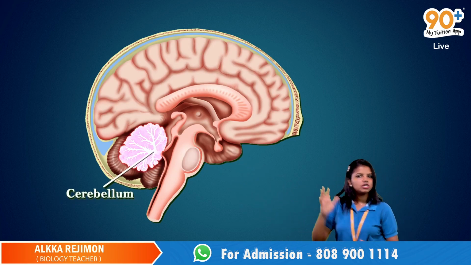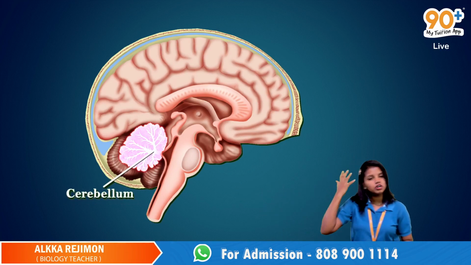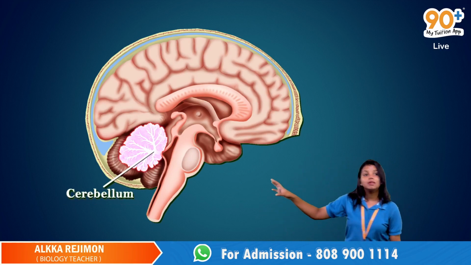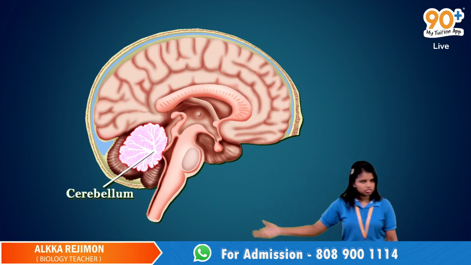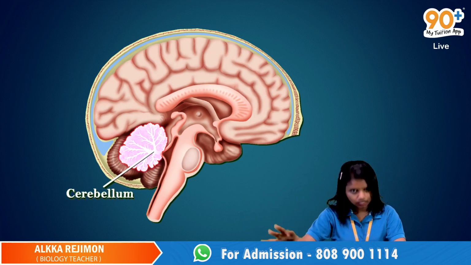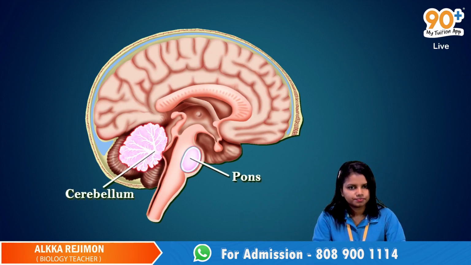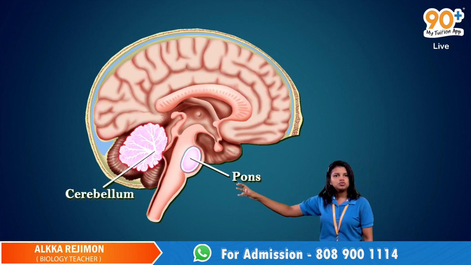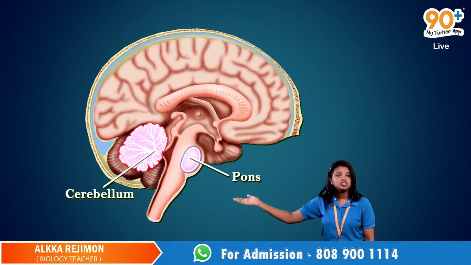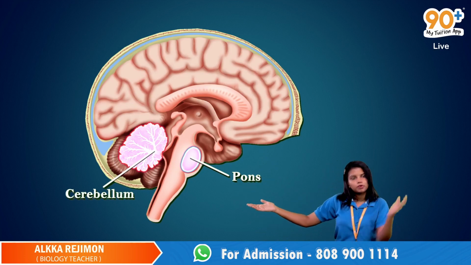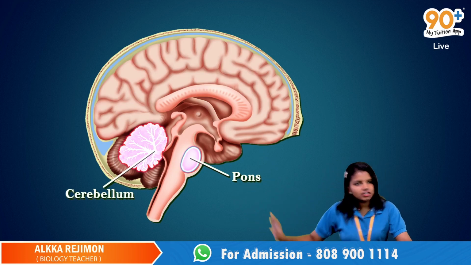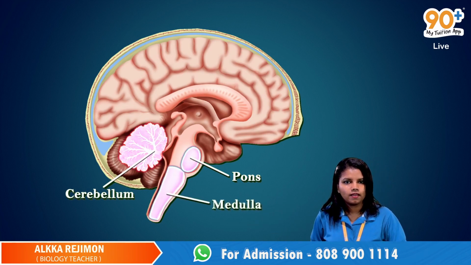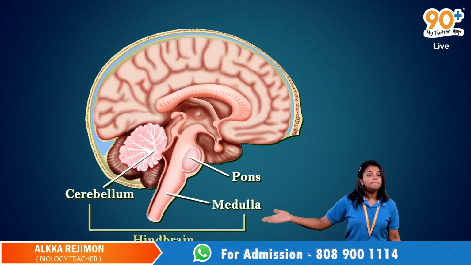It is at the reverse part, the behind portion of your brain, and the cerebellum is one of the next important portions. Just below the midbrain you can see a small bulging area, which is called the pons. It is a little bit projected outside, and under the pons you have the medulla.